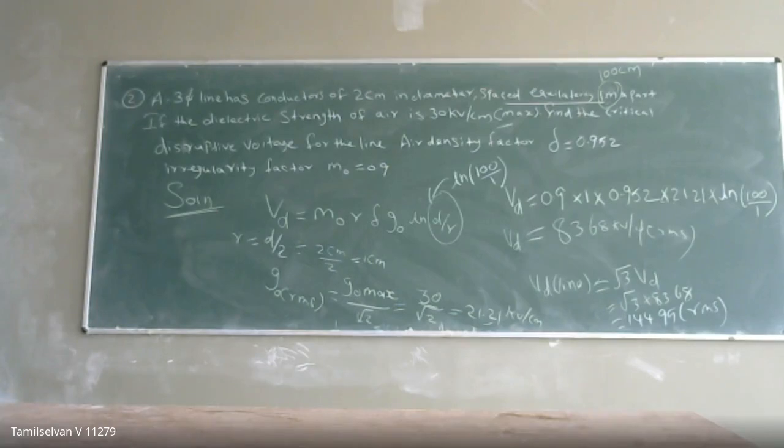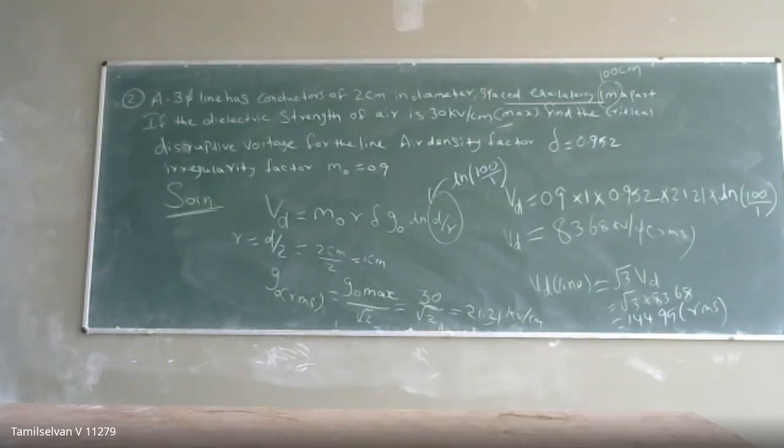Okay, next problem. Here I have taken the temperature as remaining constant. Remember, I gave the air density factor delta equal to 0.952, but that delta is valid only if the temperature remains constant.